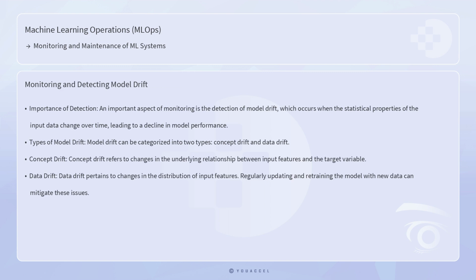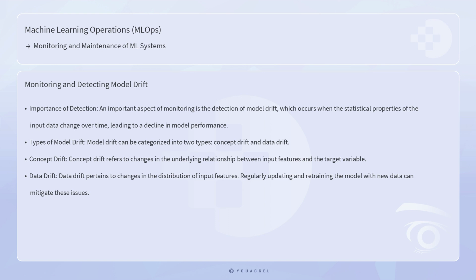An important aspect of monitoring is the detection of model drift, which occurs when the statistical properties of the input data change over time, leading to a decline in model performance. Model drift can be categorized into two types: concept drift and data drift.